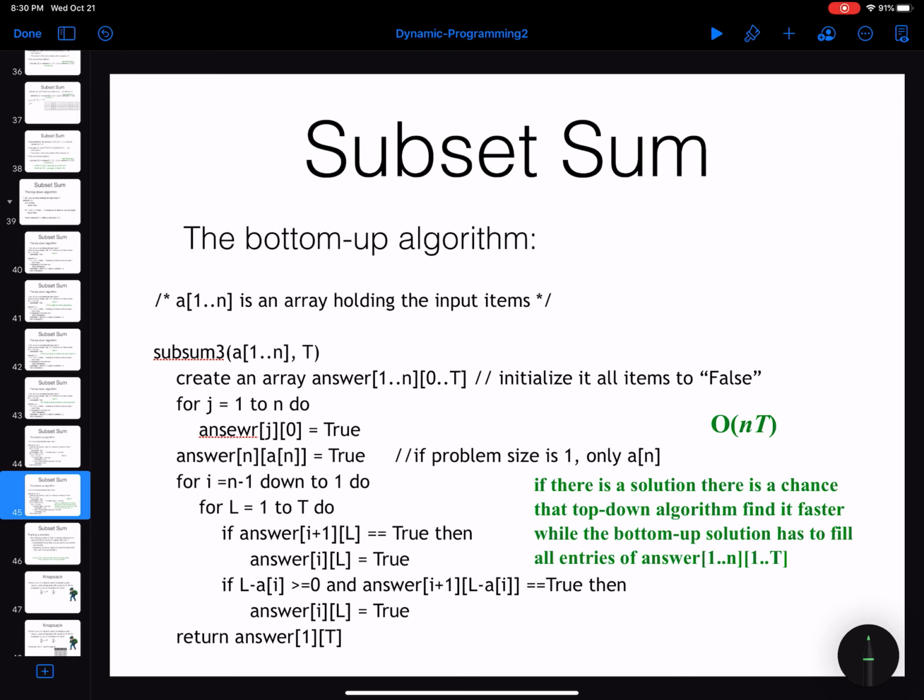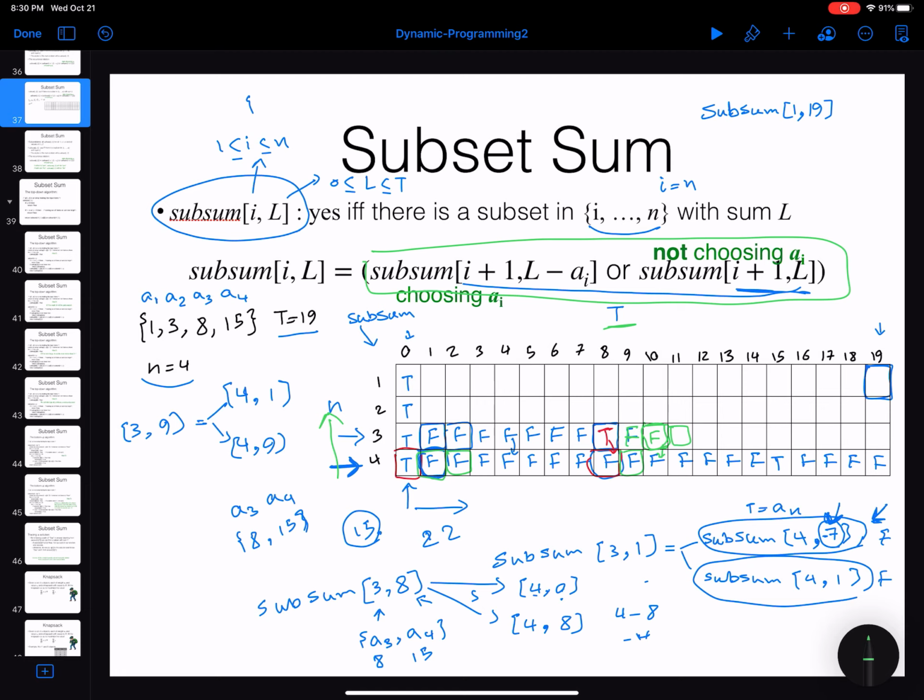Maybe you don't need to fill the whole table here, because in a top-down way, we don't necessarily fill all the table. In a bottom-up way, I will definitely fill all of the cells in the table, right? But in a top-down way, you start solving the largest problem, and you solve as many subproblems as you need based on the input.